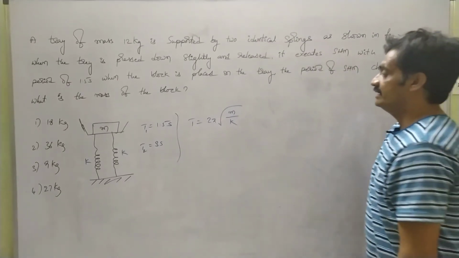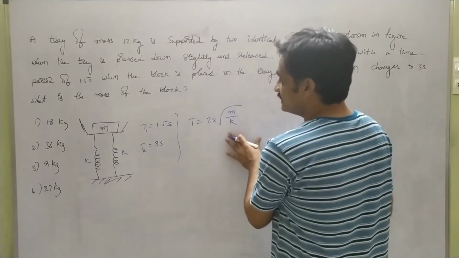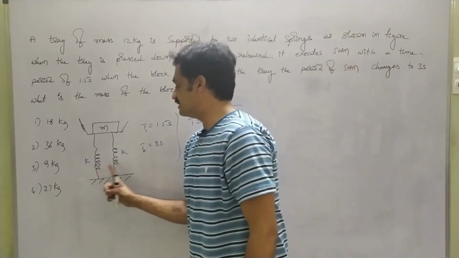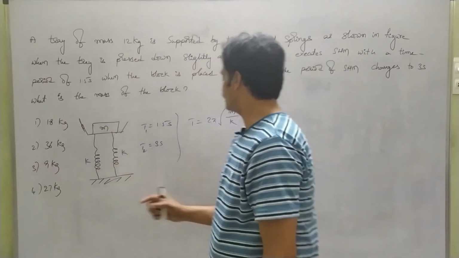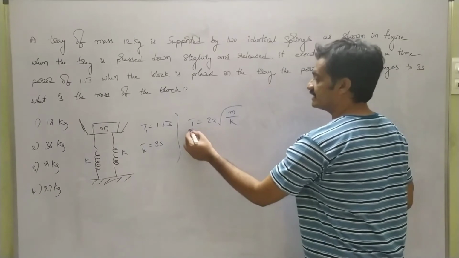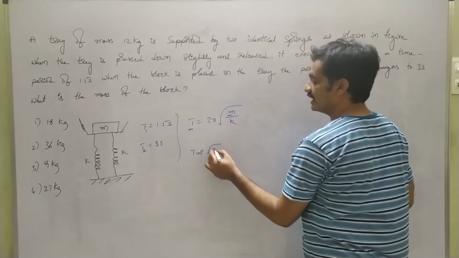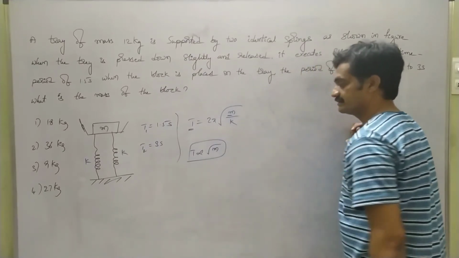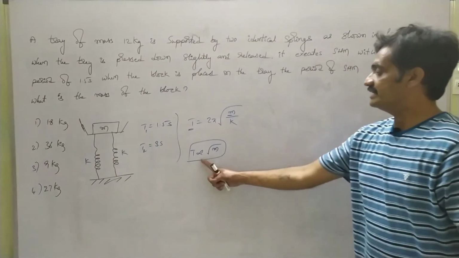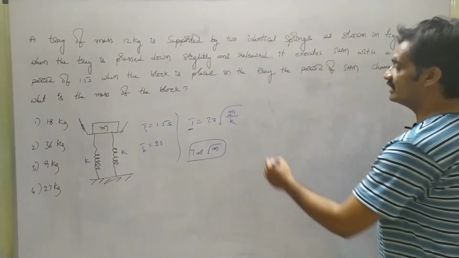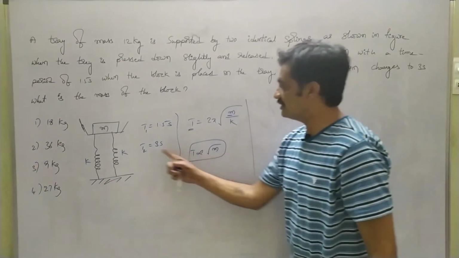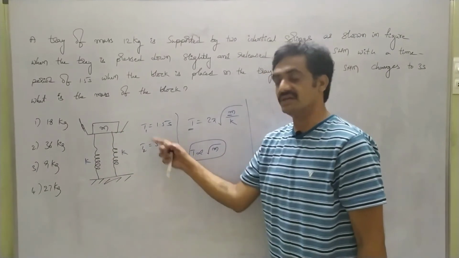So observe that since the force constant is not varying in both cases, we can say that the time period is directly proportional to the square root of mass. Why? Because based on mass itself, the time period is varying.